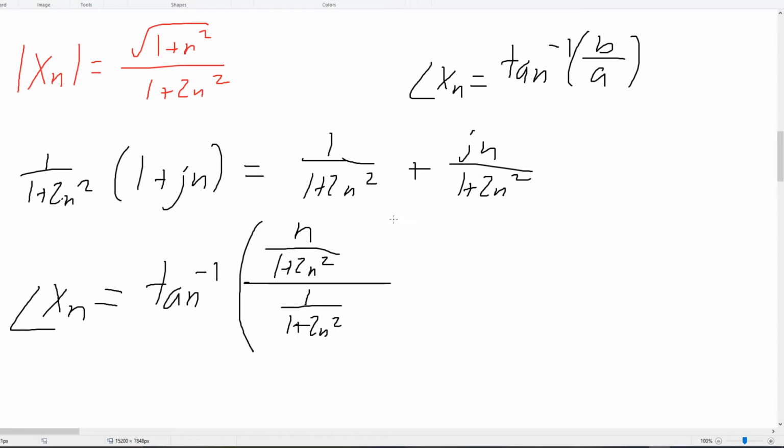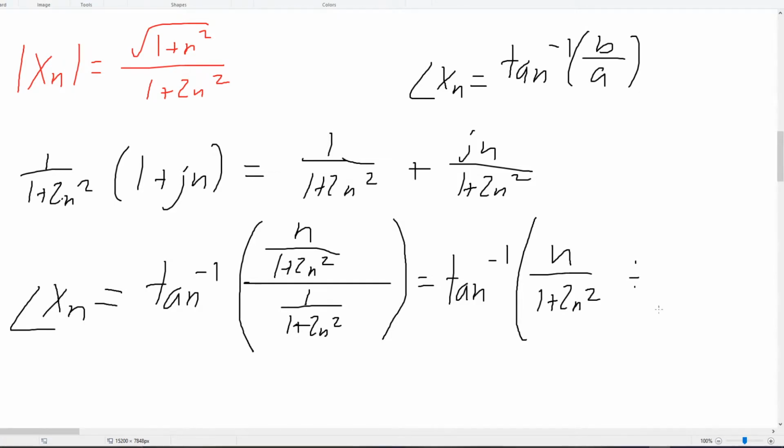And that seems really big, but that's because we can actually do keep, change, flip over here. There's a division sign, there's a top being divided by a bottom. So we can just do the reciprocal of that. So let me rewrite it so that you guys will be able to see it better. This is basically saying n over 1 plus 2n squared divided by 1 over 1 plus 2n squared.